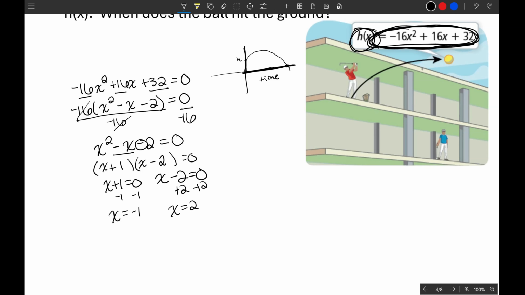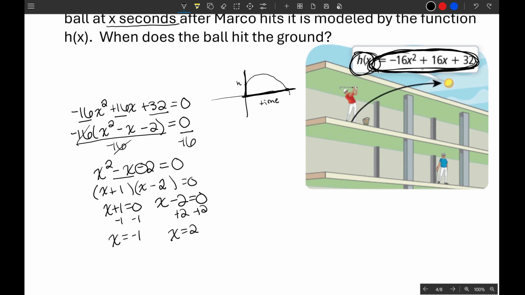Now, I have to think about this. This is a word problem, and a lot of times with word problems, if we get 2 answers, only one of them is valid. That's because we have to take into account that this ball is hit from here, but it would have went this direction if this was just a regular parabola. Well, I know that the x represents seconds. That's my time.